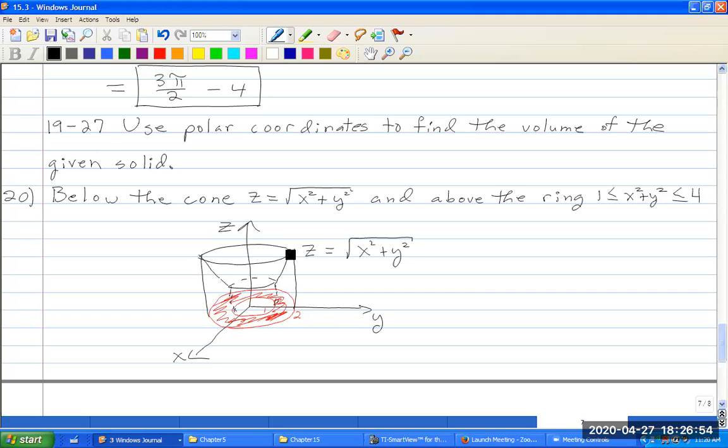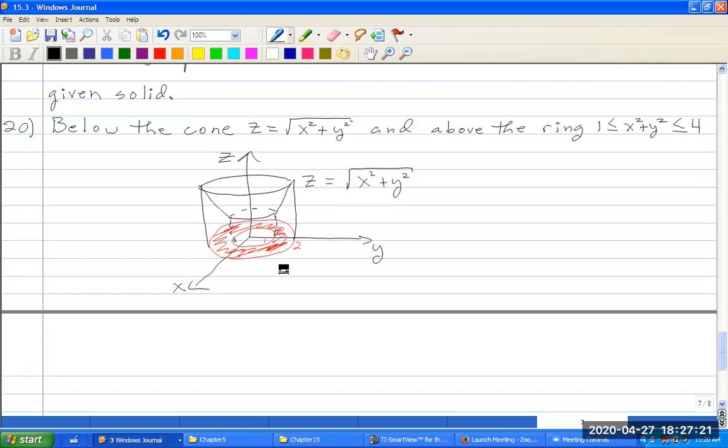So this is like a cone, and this is like a cylinder, where you have just a little bit of a cone on the top part of it. You want to find the volume of that weird cuppish thing. Of course, it doesn't have a bottom, so it's a weird cup because things flow out of it.